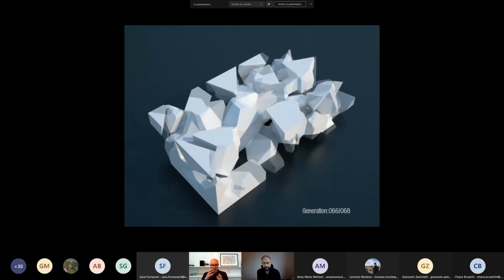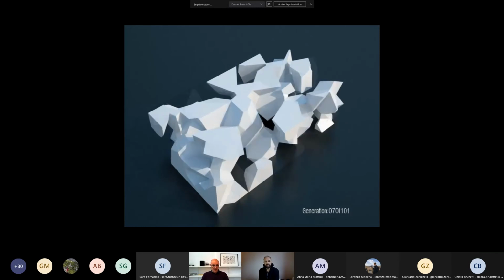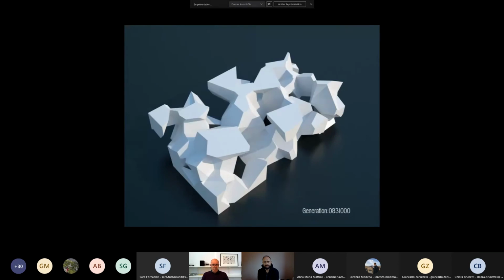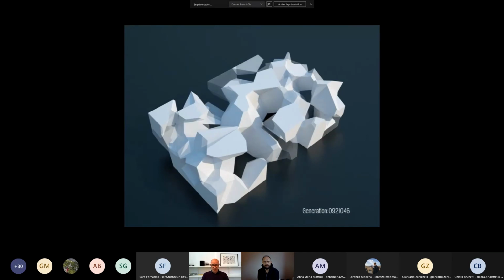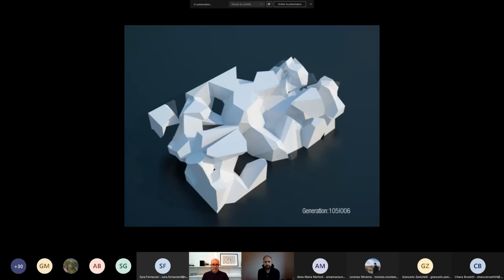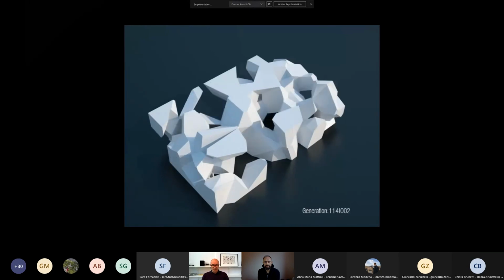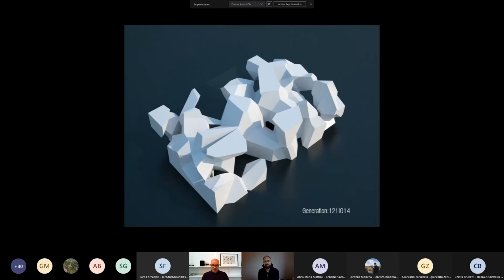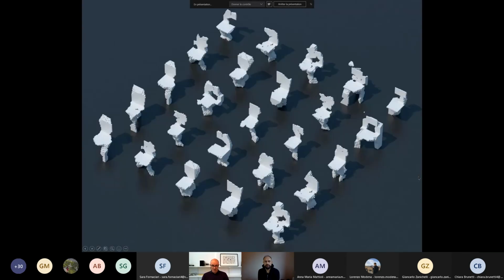So here you also see how the project designs itself, based on just a few natural light constraints. So it's pure form-finding methodology, obviously, in both cases. But let's go back to the chair.